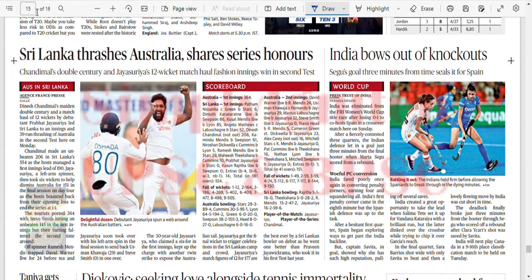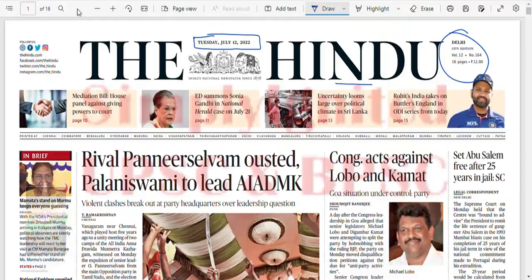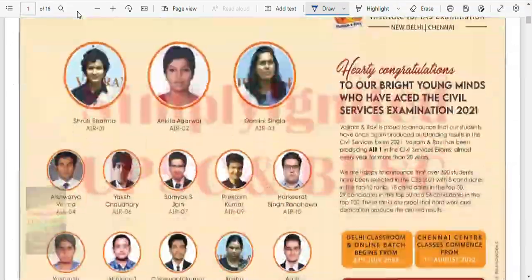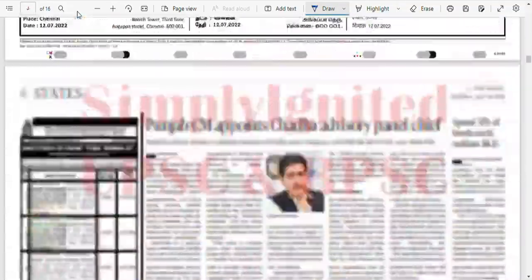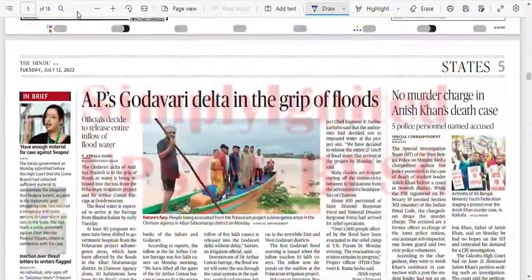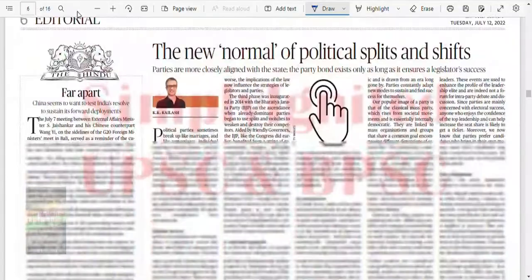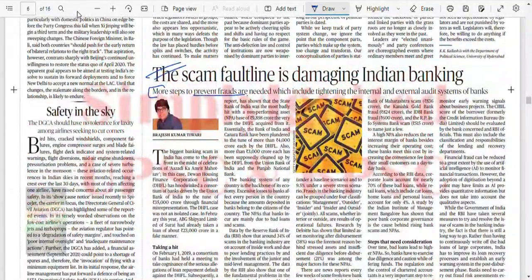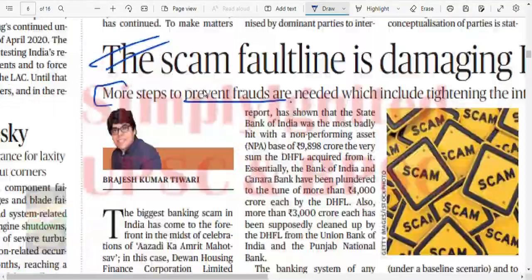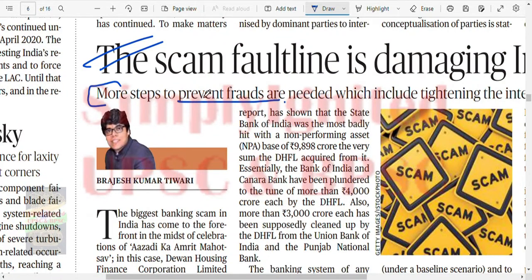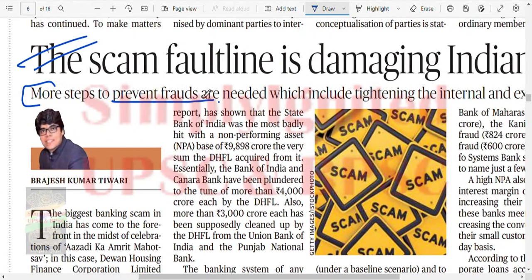Now let's go on to analyze the same. As we remember, there was nothing on these pages. So let's read the editorial directly then. We are to read the editorial only today, and one news item on the economy page.